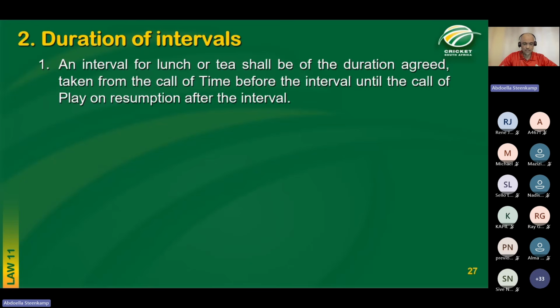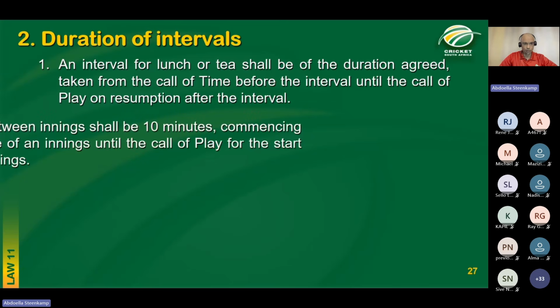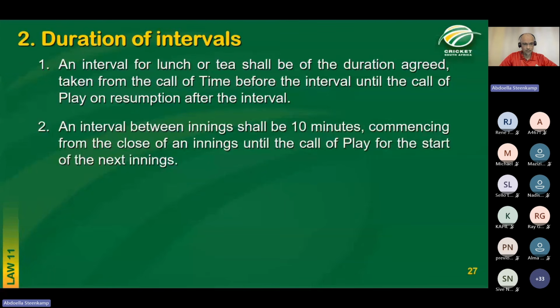Lunch is 40 minutes, as was decided by the International Cricket Council that governs international cricket. So if we take lunch at 12 o'clock, the first ball after lunch needs to be bowled at exactly 12:40. So if we take lunch at 12:02, the first ball after lunch needs to be bowled exactly 40 minutes later, which is 12:42.